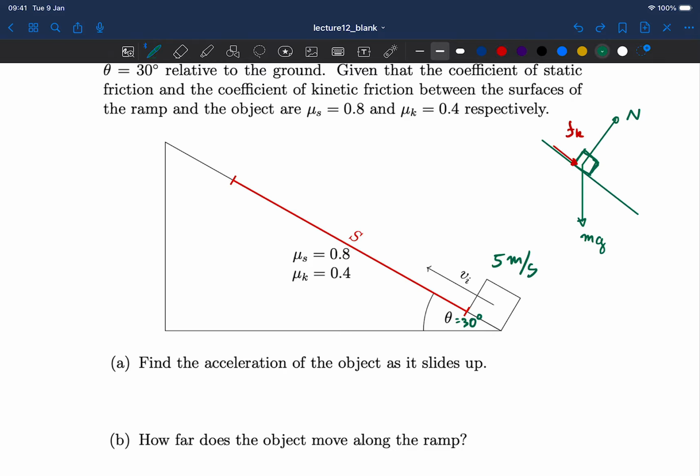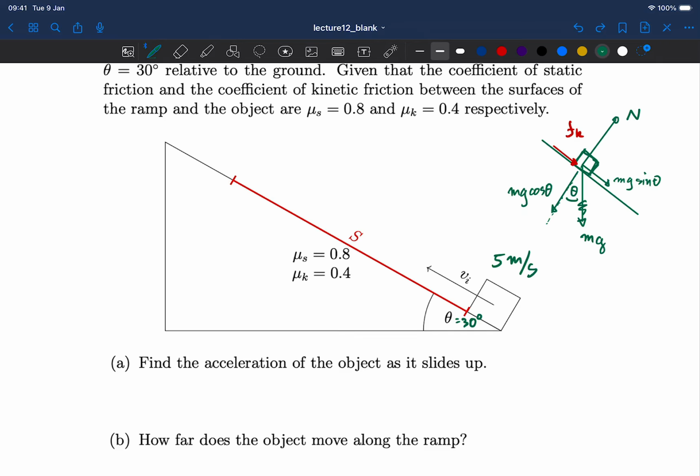And the usual thing, we kind of did this without saying much in the last problem already, is to decompose mg into mg sine and mg cosine. Then we can forget about the original mg. So the normal force will balance mg cosine. It's not so relevant in this.